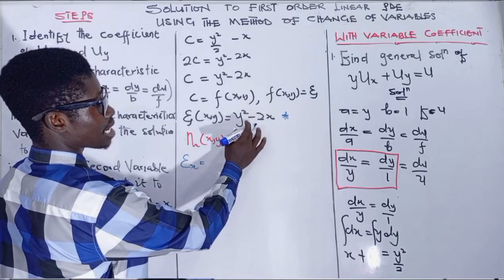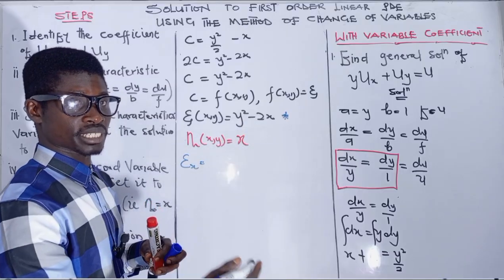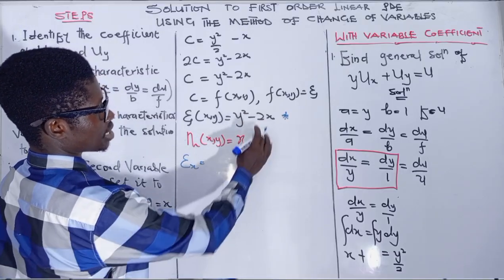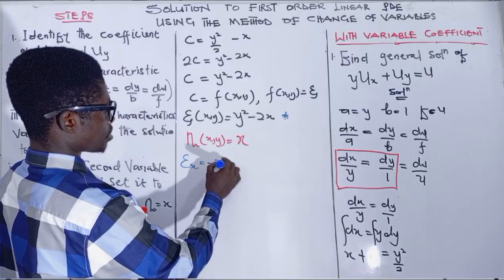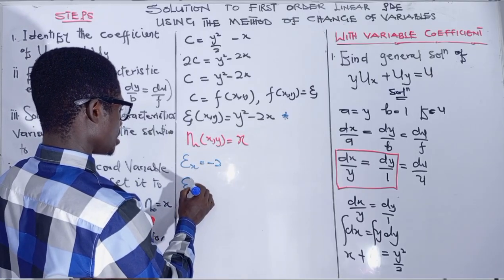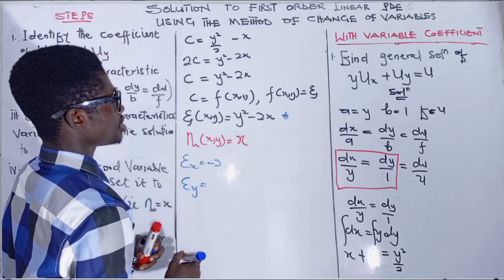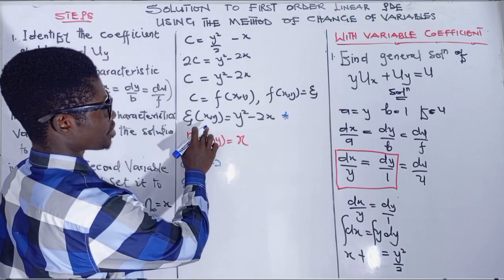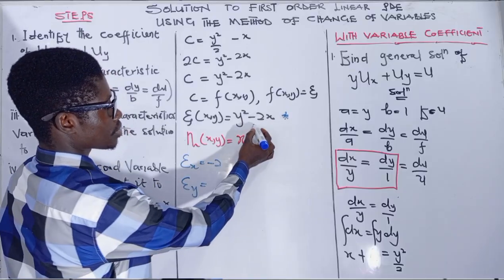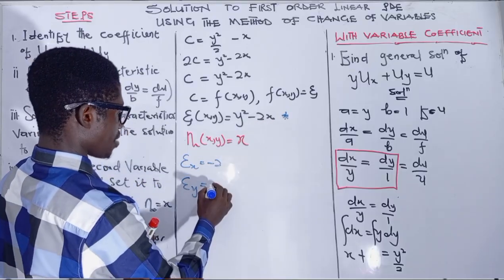Any function of y becomes a constant, and whenever we differentiate a constant, we get 0. So the whole of this gives us 0, and this gives us minus 2. Very easy. And then we have zeta y. We differentiate the same zeta with respect to y. Any function of x becomes a constant, so this gives us 0, and then we have 2y.